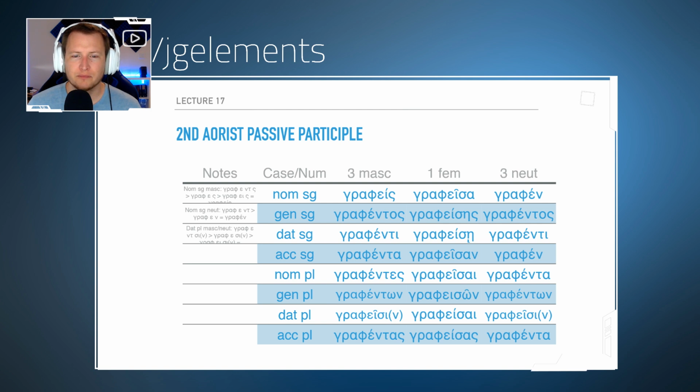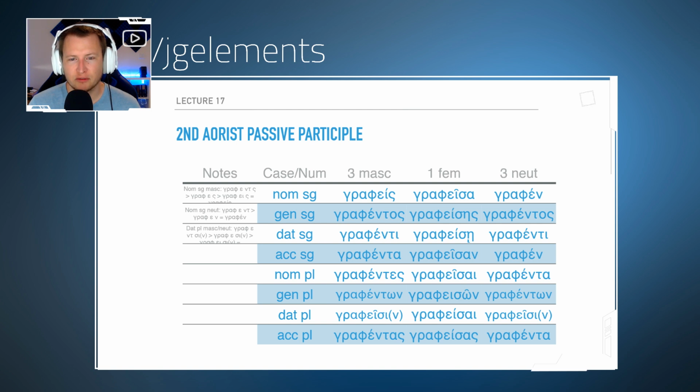So just be aware, it's usually in the passive. The only way you know it's passive is the presence of that epsilon. That's it. So you have graph plus the epsilon, the nu-tau plus the sigma. The nu-tau drops out. Iota is added to lengthen and compensate.